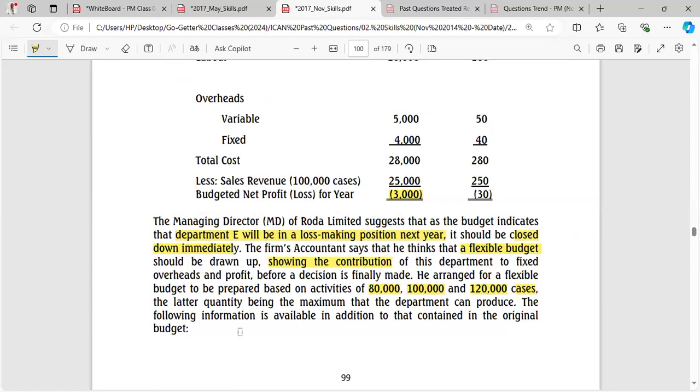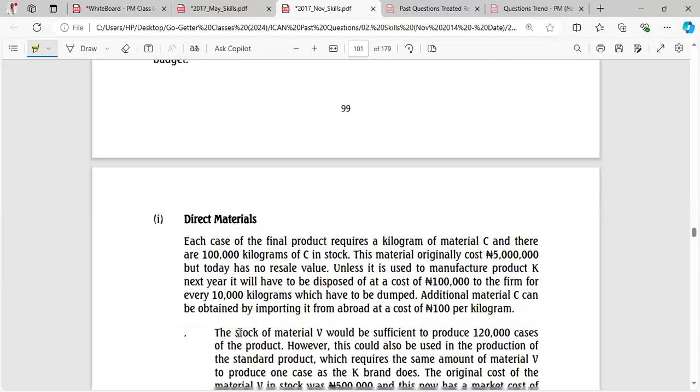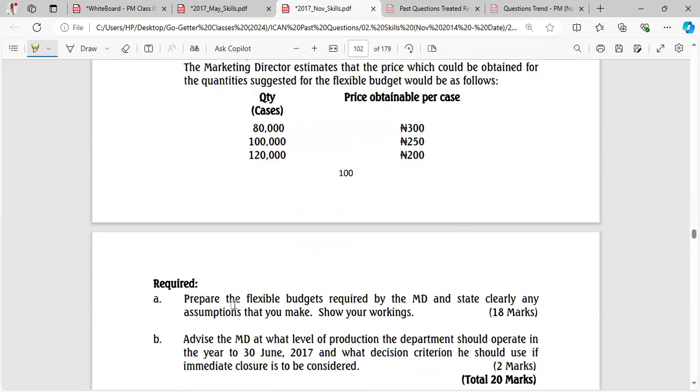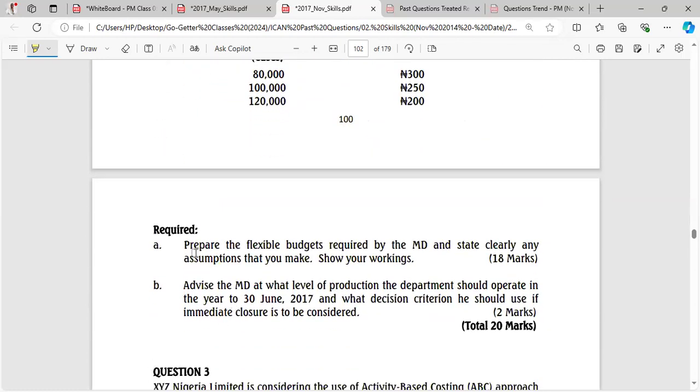Now, this is the whole thing we have here. I'm not going to read this whole thing until we start solving. Now, required: prepare the flexible budget required by the MD and state clearly any assumptions that you make.